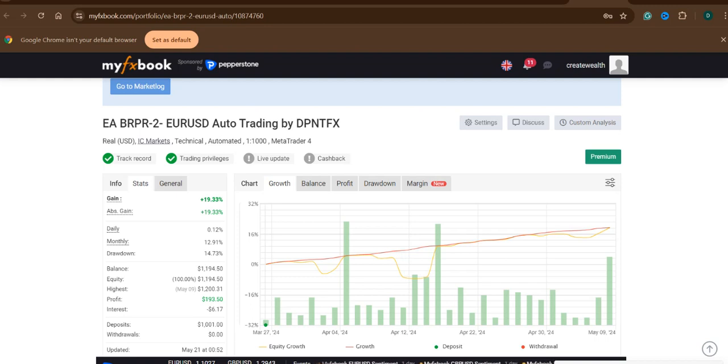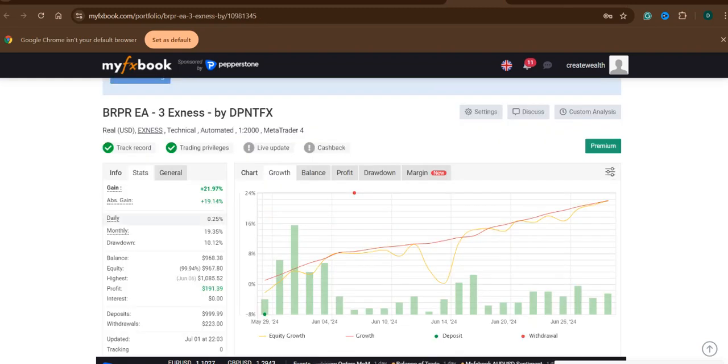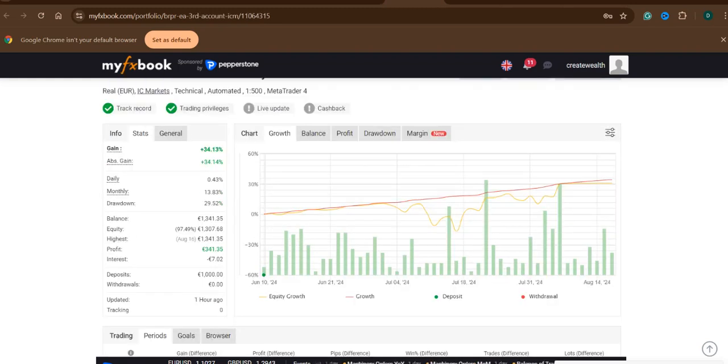The profitability can vary as well. In one account we were making 21%, in one around 13%, in one around 20%, and in this one around 14%. This depends on many conditions, but this is what the statistics are.